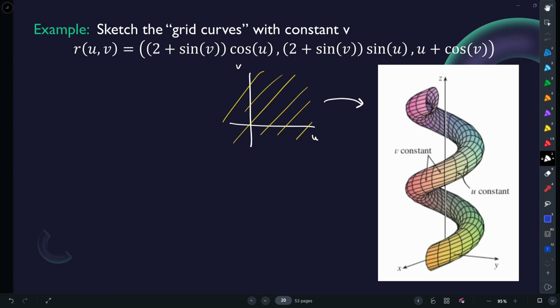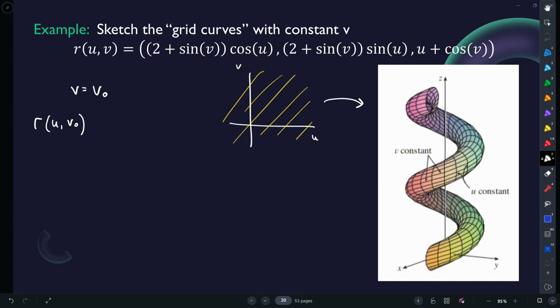Now we want to know what happens as I parametrize one of these grid curves. So let's fix v. Now I want to know what is r of u, but with a fixed v naught.